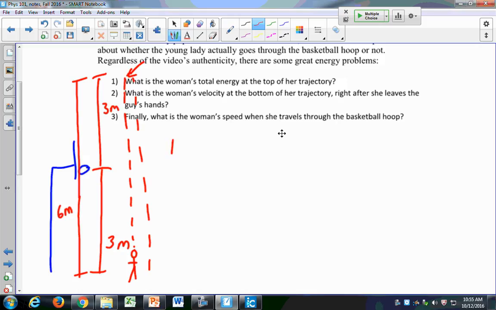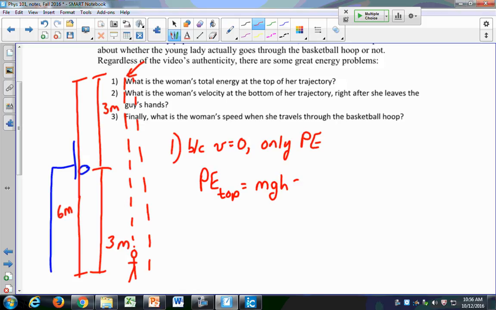At the top of the trajectory, she has what kind of energy? Does she have kinetic energy, or does she have potential energy, or does she have both? She only has potential energy, because v is equal to 0. And that potential energy at the top is equal to mgh. She's pretty tiny, right?